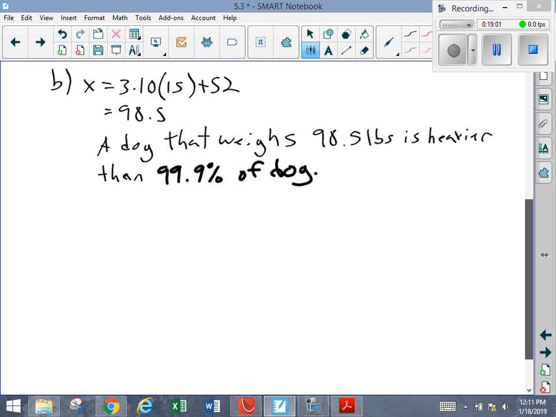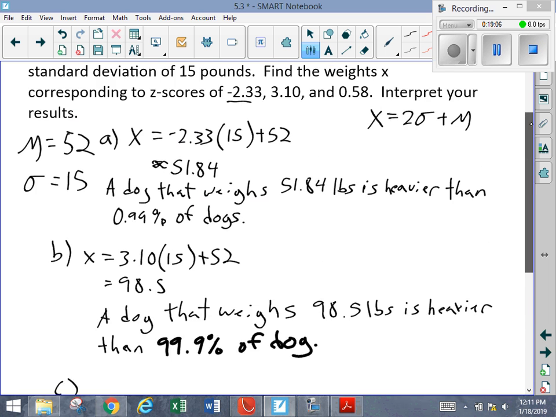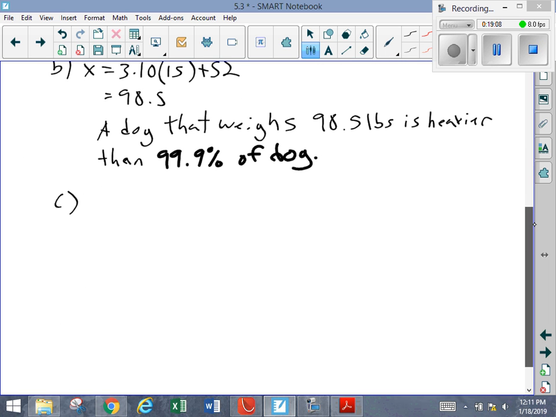All right, the last one that we were asked for was 0.58. So let's figure it out. X equals 0.58 times 15 plus 52.